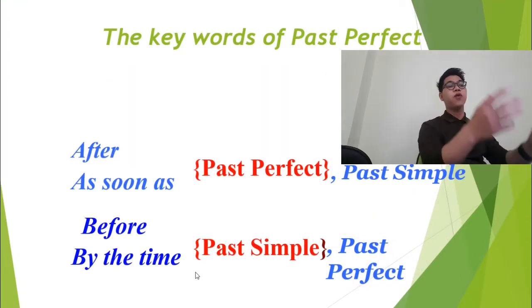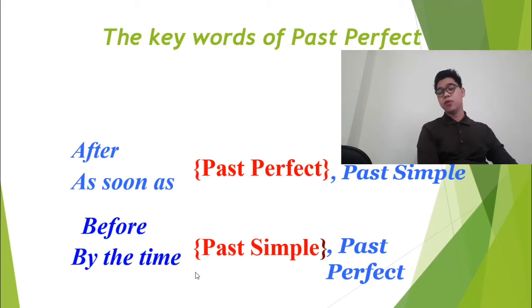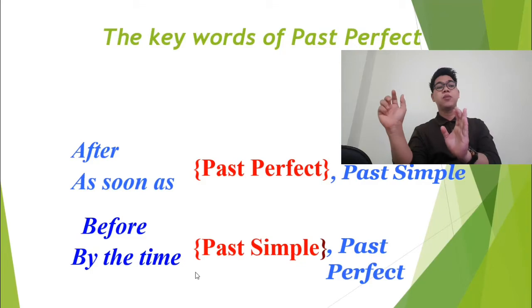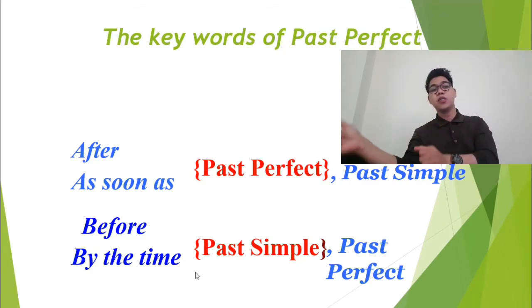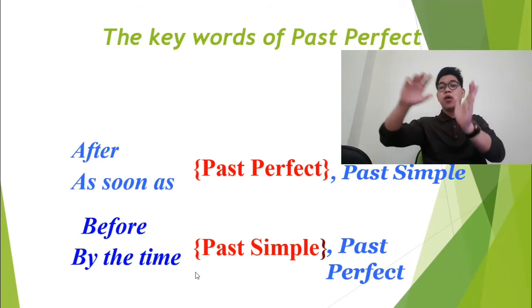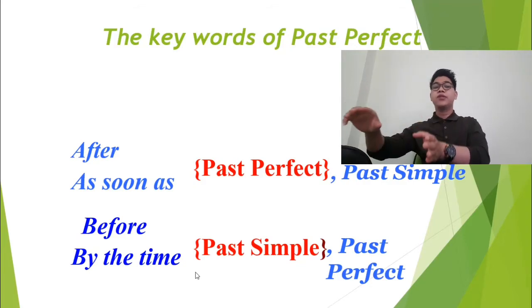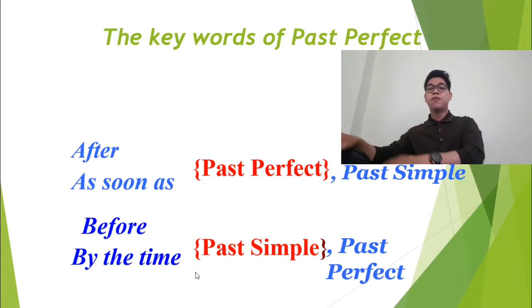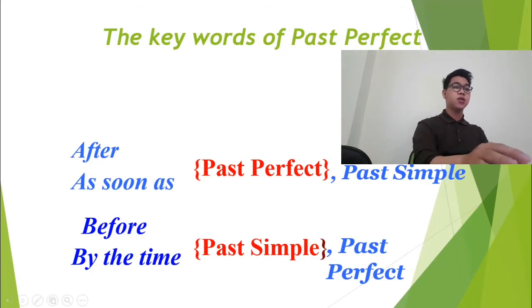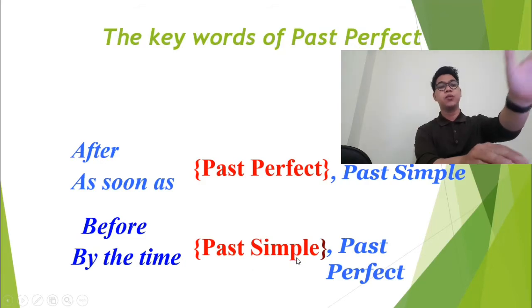If we see before or by the time at the front of the sentence, it must be followed by the past simple first, and then you put a comma, and after that you put the past perfect. This is the example: before, by the time, past simple, then past perfect.